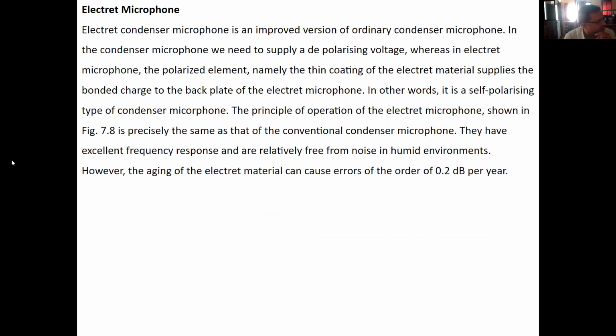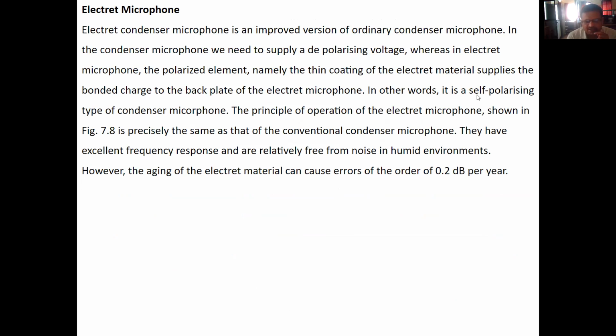Now next is the electret microphone. The electret condenser microphone is an improved version of the ordinary condenser microphone. In the condenser microphone, we need to supply a polarizing voltage, whereas in the electret microphone, the polarized element, namely the thin coating of electret material, supplies the bonded charge to the back plate of the electret microphone.